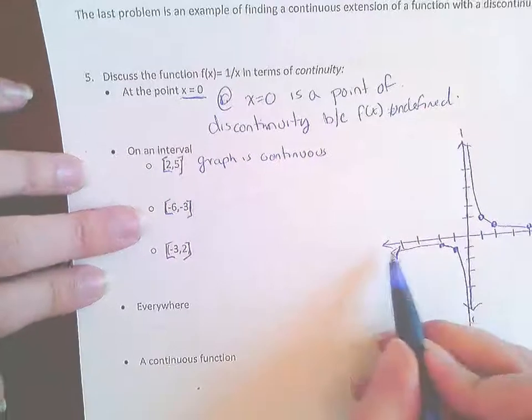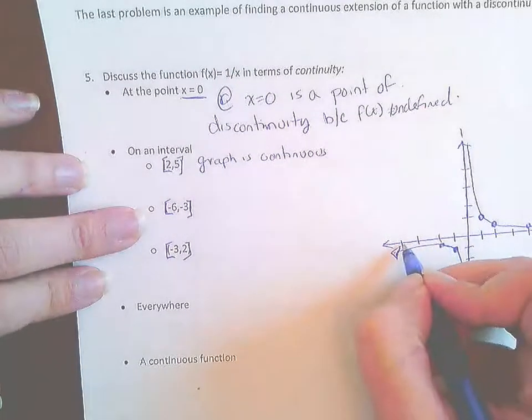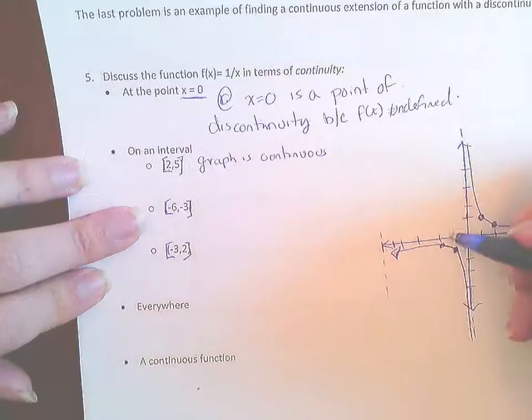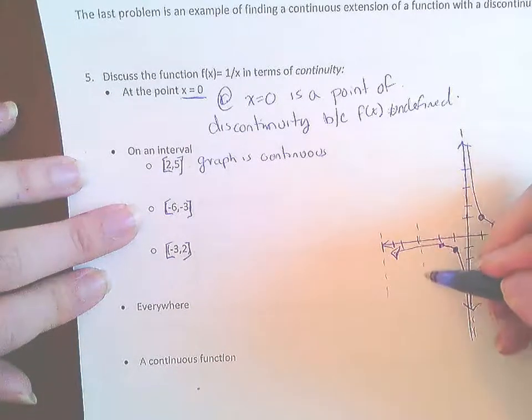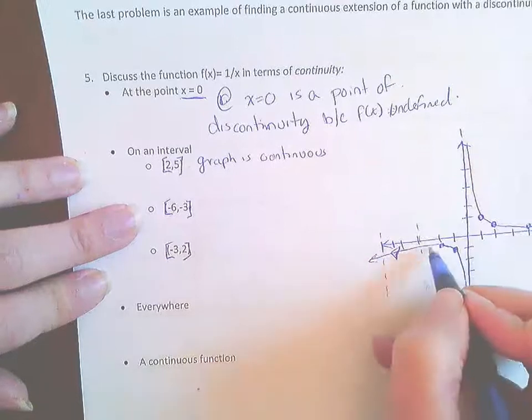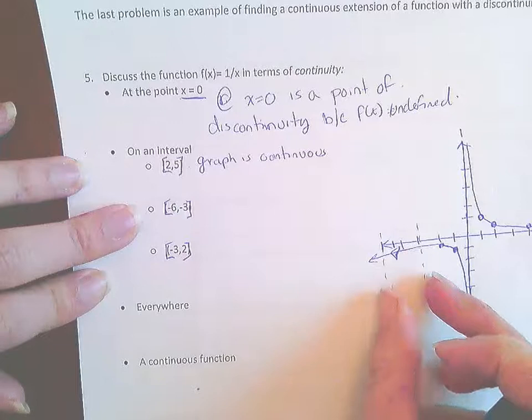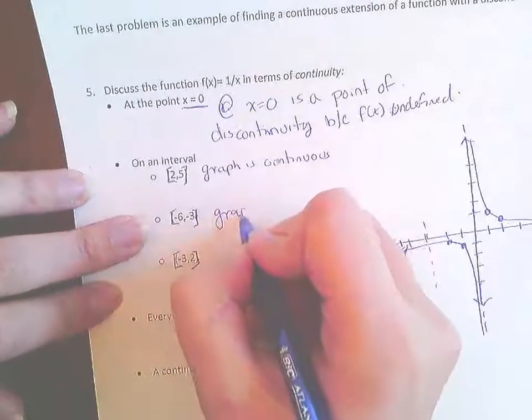Now between negative 6 and negative 3, is the graph continuous? Do I pick up my finger at all in this little interval right here? No, the graph is continuous.